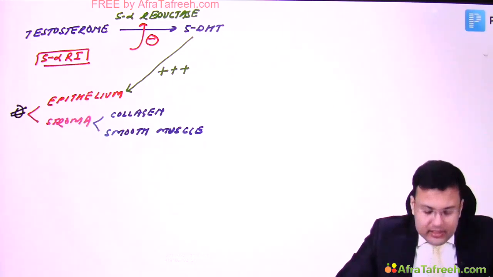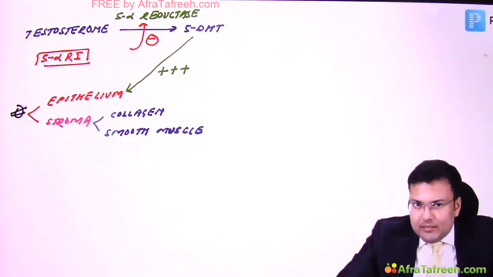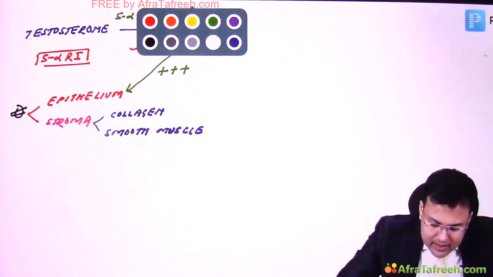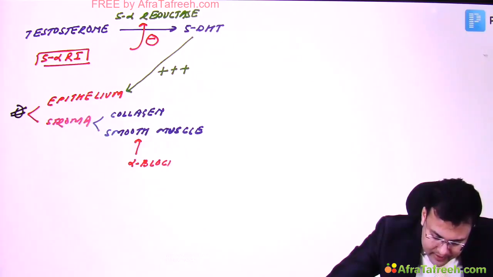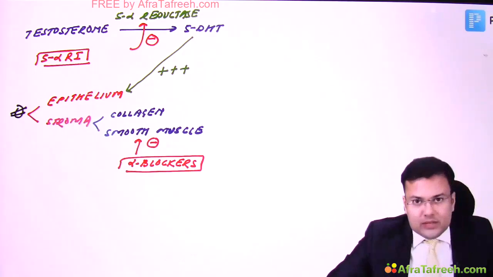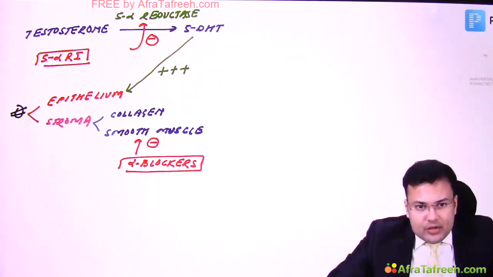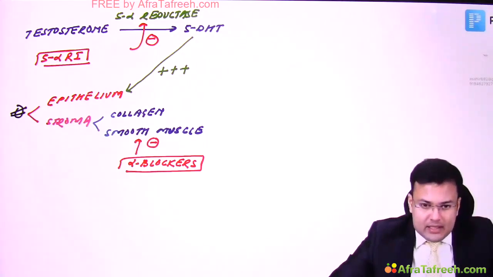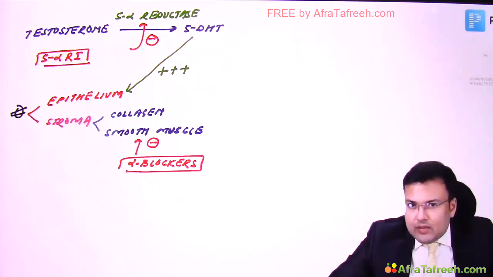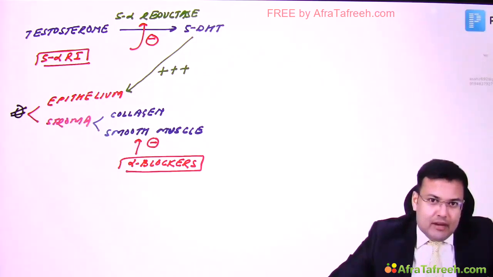So whenever this stromal component is in majority, or predominant, here I can use what? Alpha blockers. So alpha blockers can be used, and these are going to relax the smooth muscles. Clear? So if epithelial component is predominant, we can use 5-alpha reductase inhibitors, and whenever this smooth muscle component is predominant, we can go for alpha blockers.